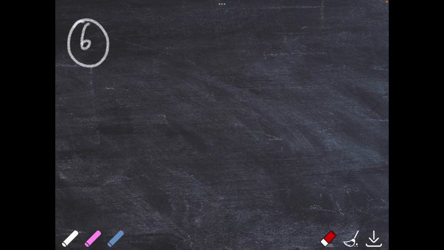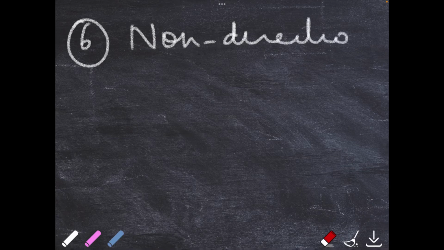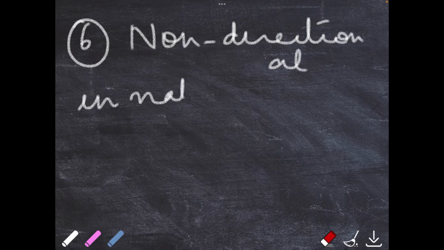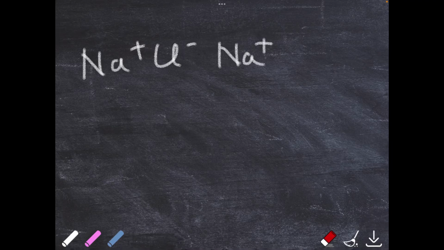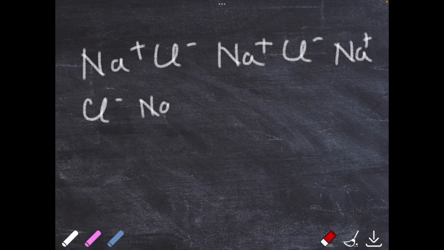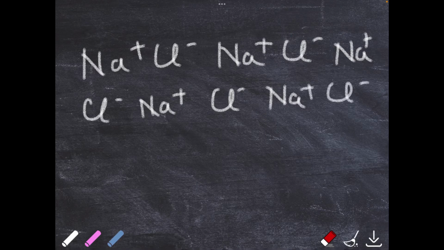Sixth is non-directional in nature. How are they non-directional? Just try to understand this. Let's see, we have a crystal lattice of Na plus Cl minus. You have millions of Na plus surrounded by millions of Cl minus. Every Cl minus is attracted by Na plus and every Na plus is attracted by Cl minus.